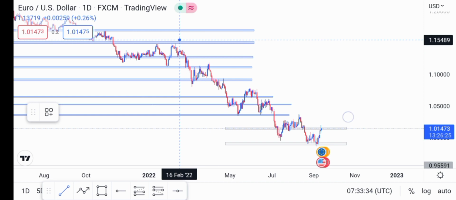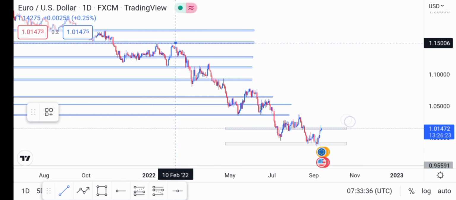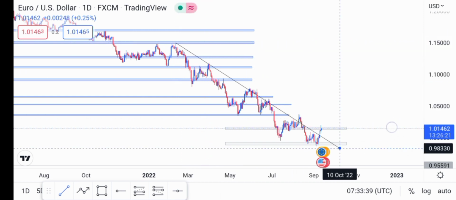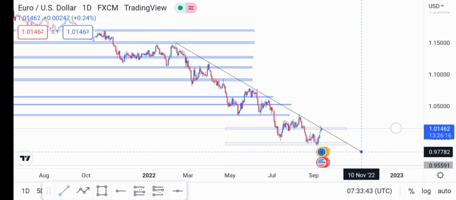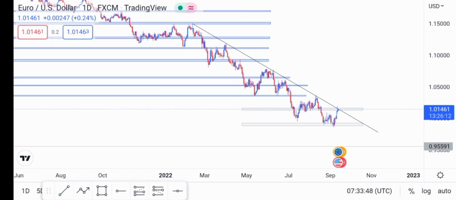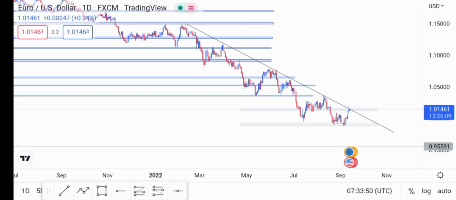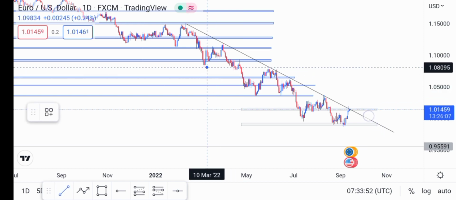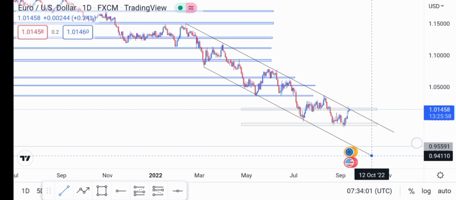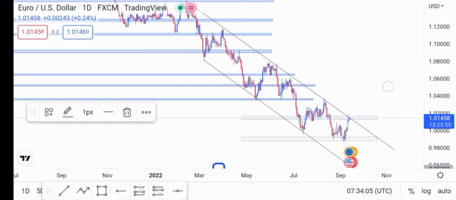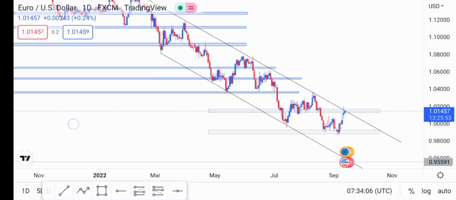So I'm seeing a beautiful trend line starting from this point right over here, a beautiful trend line starting from that point right over there, and let us cater for the lower side as well. Okay, so this is currently what we have on the daily time frame.